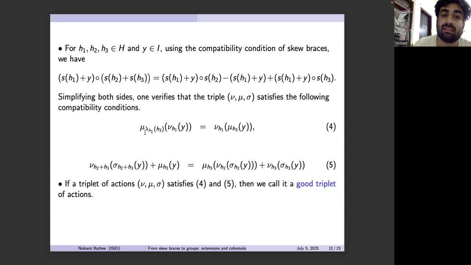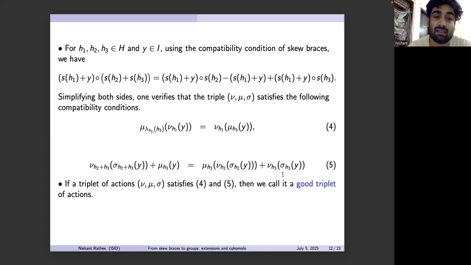The first condition is that you apply lambda h1 h3 on mu, and it will flip with mu h, and this lambda h1 h3 will become mu h3. The second condition is a bit more complicated: mu h1 plus h3 sigma h2 h3 plus y plus mu h3 y is equal to this thing.